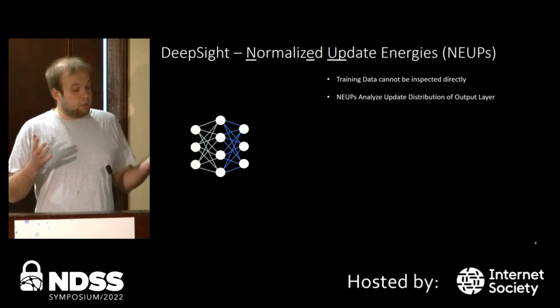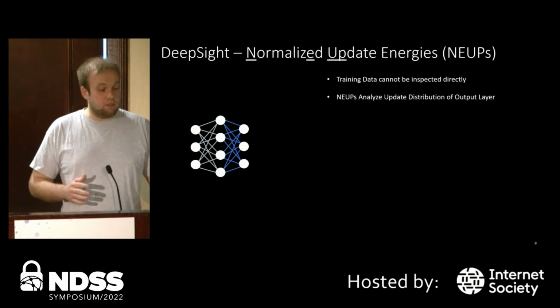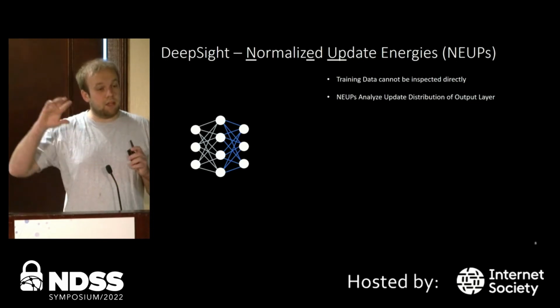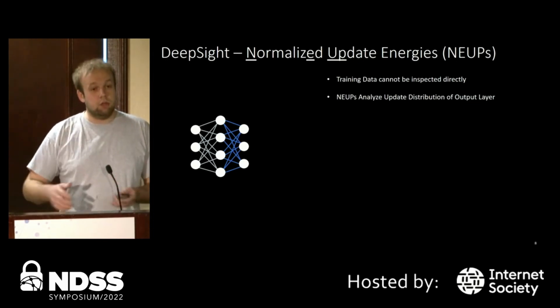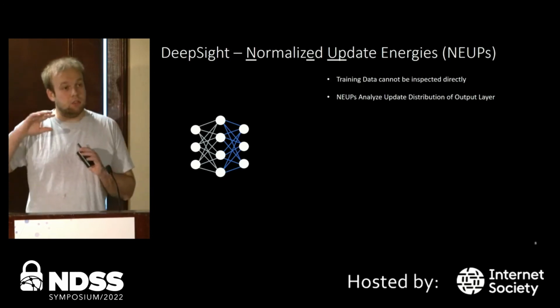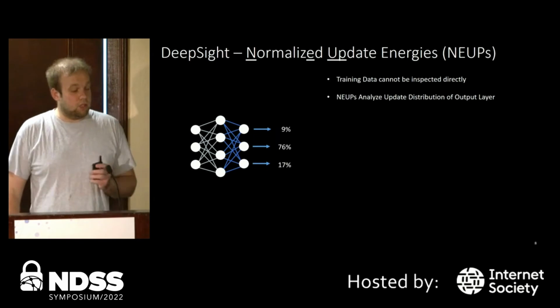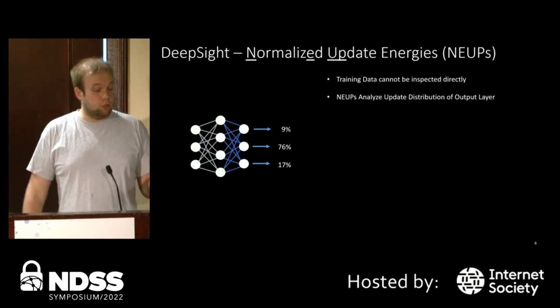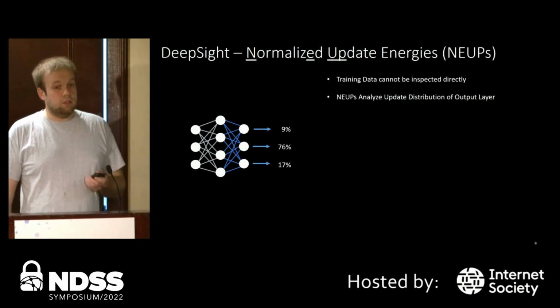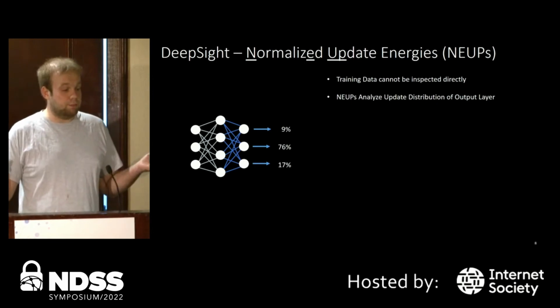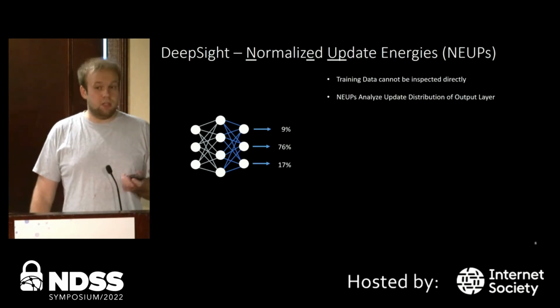And this NUP technique then looks at how these updates are distributed to the individual neurons. So it checks the magnitude of the overall update for the total layer, and then looks at how this is distributed to the individual neurons. In this example, the first neuron received 9% of all updates, the second 76%, and the last one 17%.